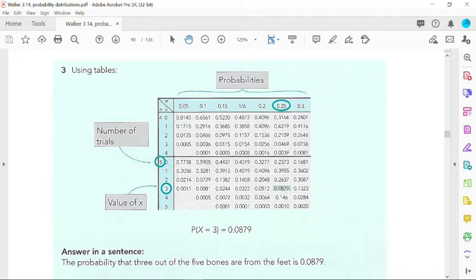Now the difference between this chart and the last one is, again, the probabilities are at the top, just like last time, but the probabilities were in the field, sorry. But the probabilities are on the top. You have an n and an x, and they're both read in the same column, right? So we had an n of 5 and an x of 3.